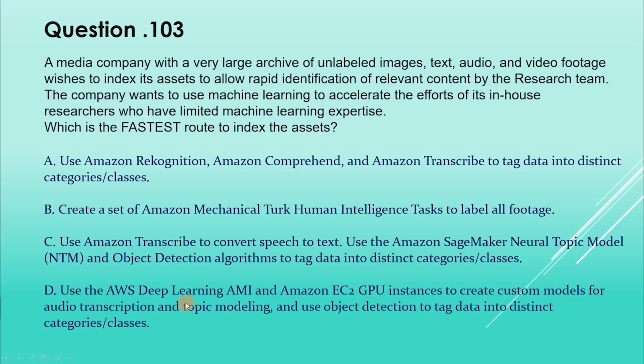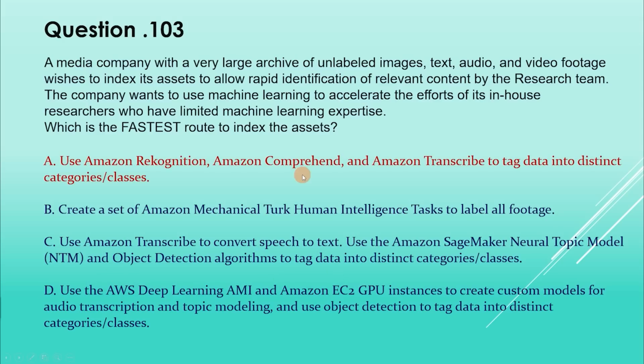Option D, use the AWS Deep Learning AMI and Amazon EC2 GPU instances to create custom models for audio transcription and topic modeling, and use object detection to tag data into distinct categories or classes. So options are quite lengthy, so take your time to guess the correct answer. If you need more time, you may pause the video.